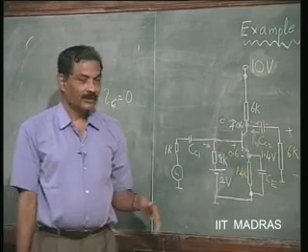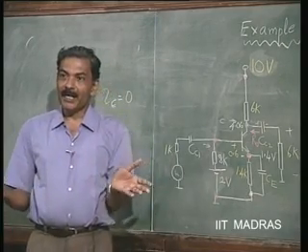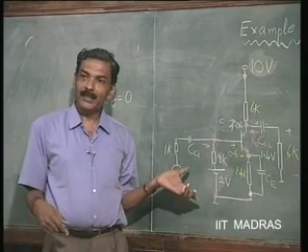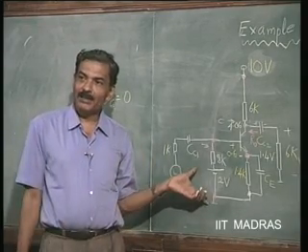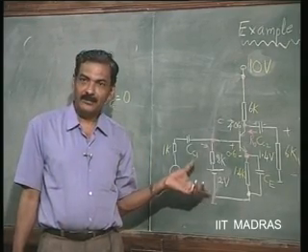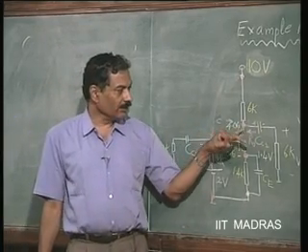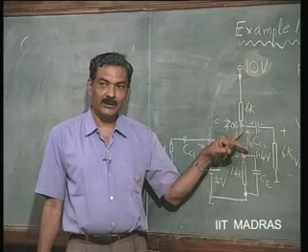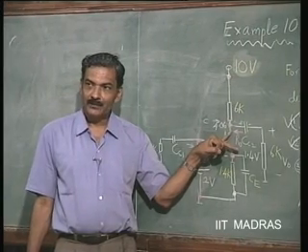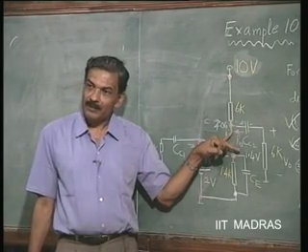So, that 1 milliampere change may have been brought about by a disproportionate change here because of the nonlinearity. Now, that is of no consequence. So, the current swing for it to go to cutoff is 1 milliampere.